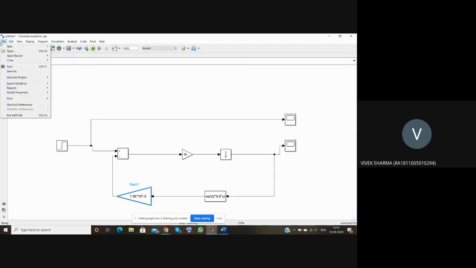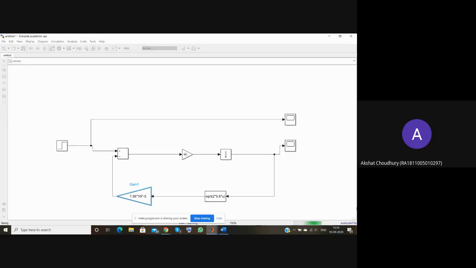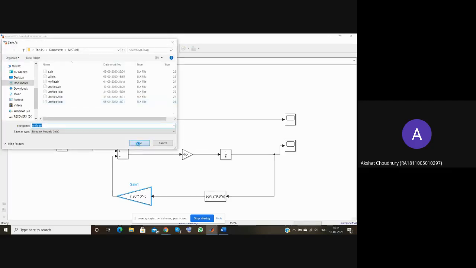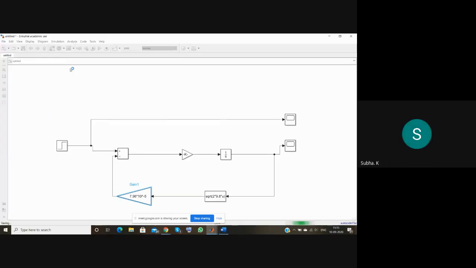Vivek, try giving that second gain in the bottom 7.96 into, in brackets you give 10 to the power minus 5, and add a power gain. But he got half output.